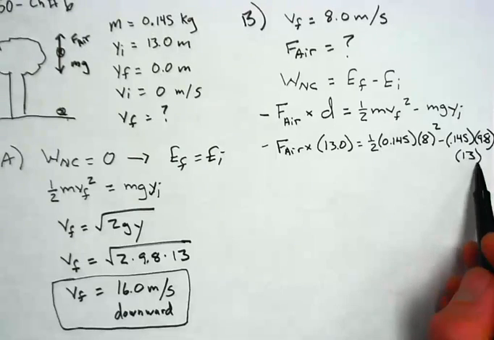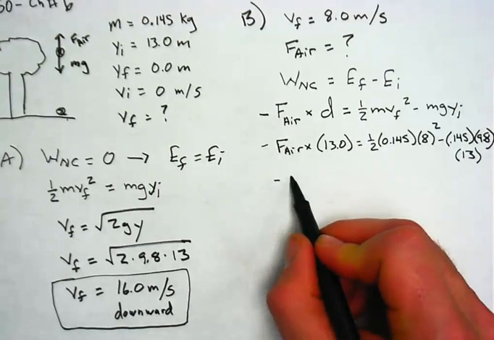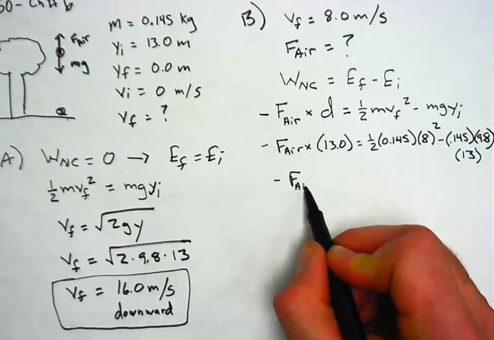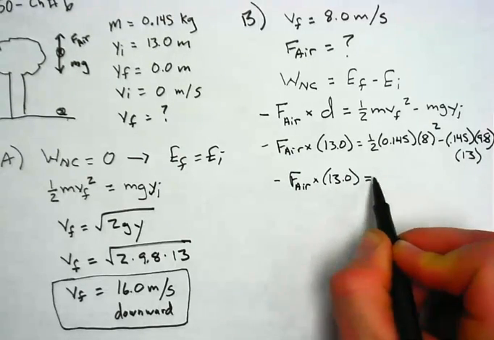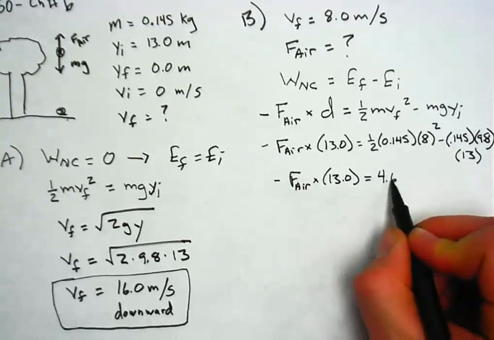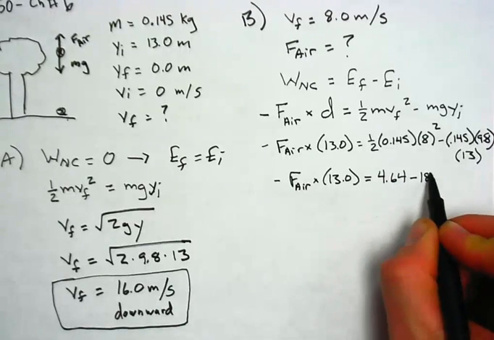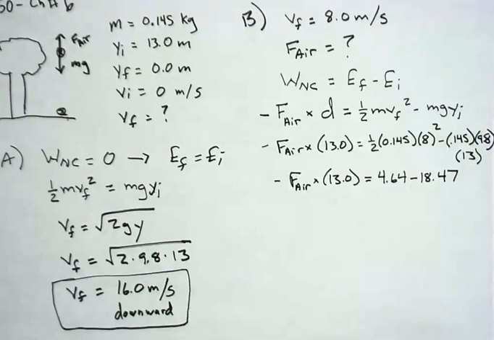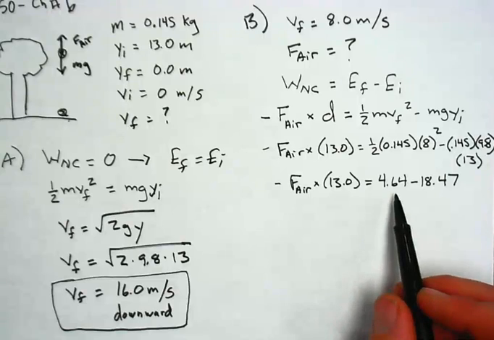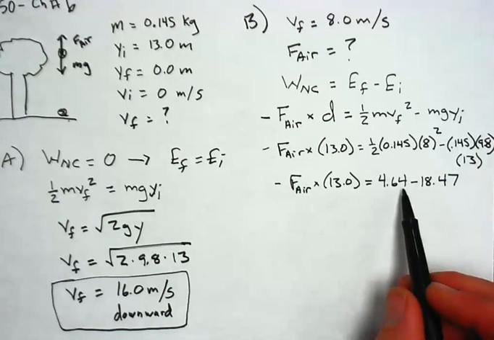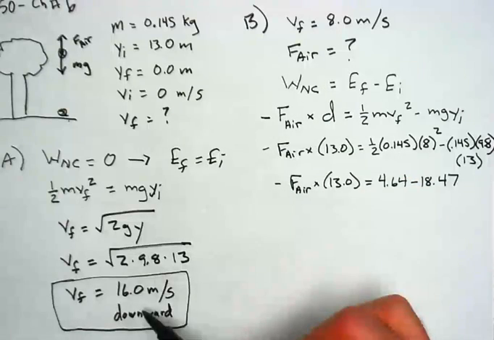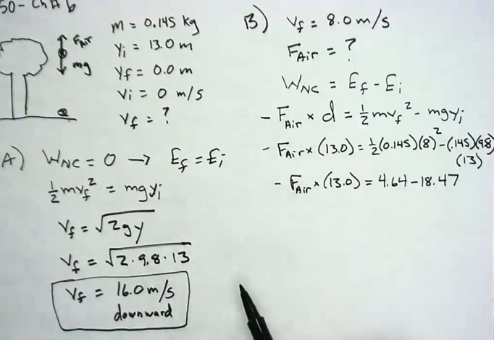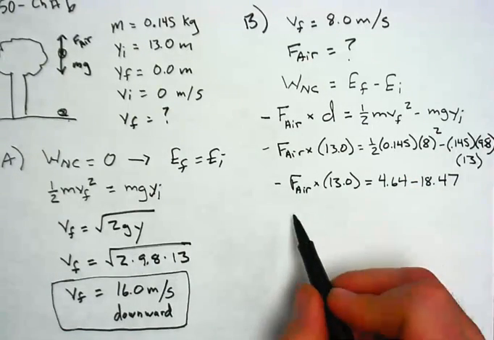Okay, so doing a little bit of calculating here, I get negative force of air resistance times 13 is equal to 4.64 minus 18.47. Notice only about 1/4 as much kinetic energy. My speed's only about half, but only about 1/4 as much kinetic energy. Interesting.